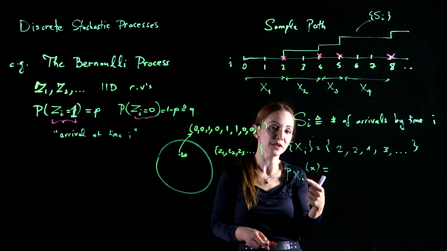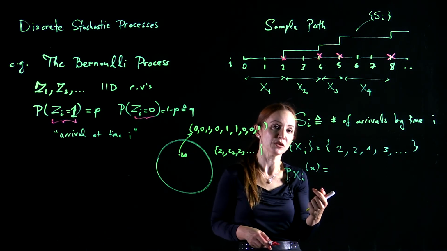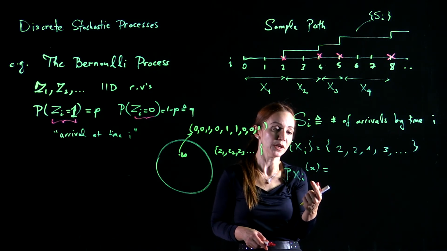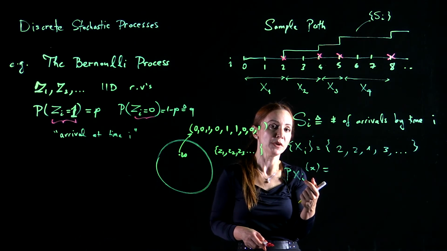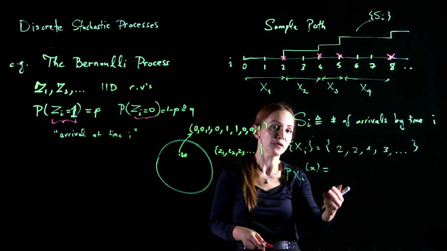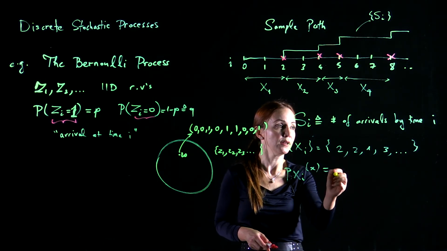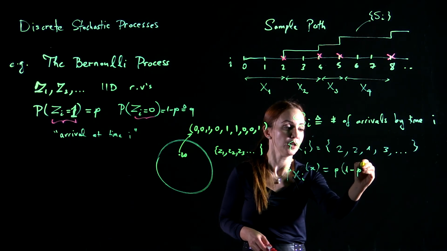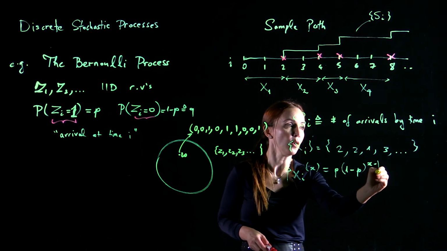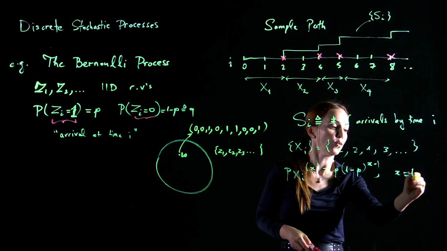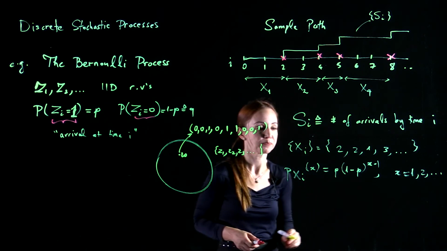So the probability that the ith inter-arrival time lasts for a duration x is simply the probability that there are x minus 1 failures followed by a success. So this is P times (1 minus P) to the x minus 1, for values of x from 1 up to infinity.